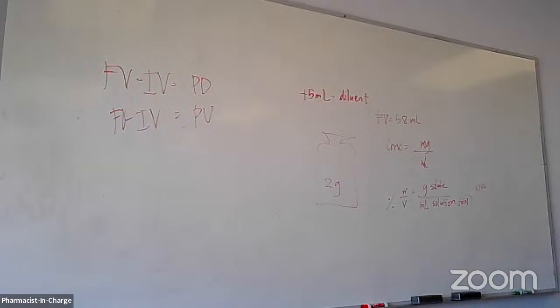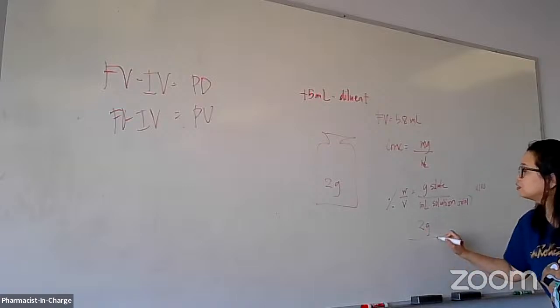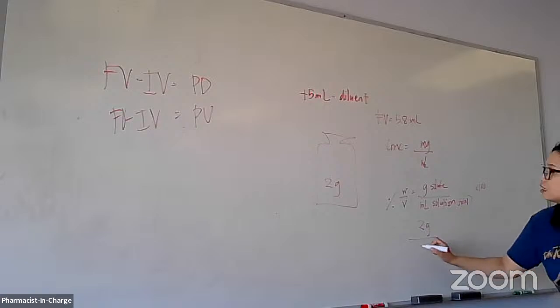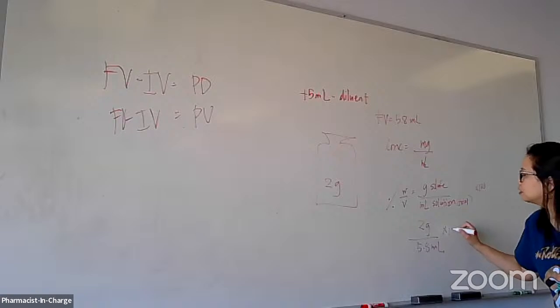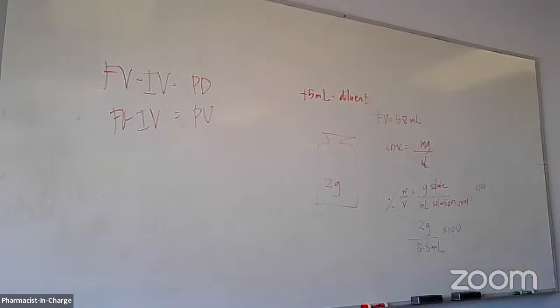So, is the correct equation 2 grams divided by 5.8 ml times 100 to get the percentage? Or is it 2 grams divided by 5 ml times 100? Which one will give you the correct concentration? 5.8.